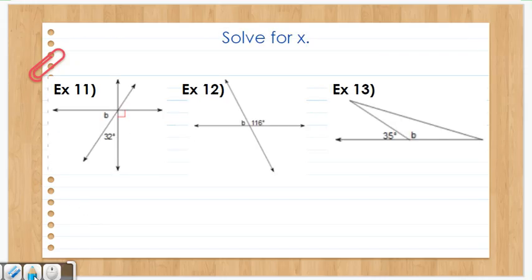Same things again. They're just going to give you different types of lines. So sometimes you have to really analyze what the picture is showing you. So let's take a close look at example 11 here. We can see that we have a straight line, okay, a straight angle here, and then we have a perpendicular one that is a straight angle as well.